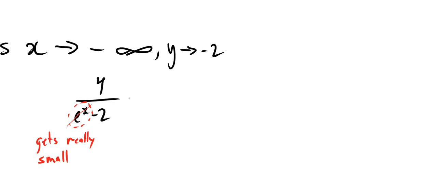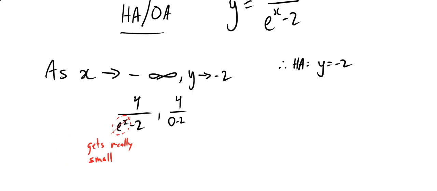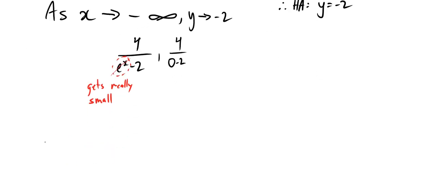Therefore we have a horizontal asymptote at y equals negative 2. That's one direction. Let's do the other one, as x goes to positive infinity.